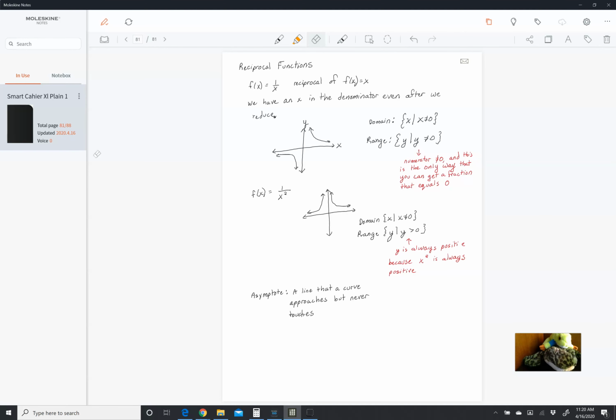And if we have an asymptote, if it's a vertical asymptote, it's not going to be in the domain. If it's a horizontal asymptote, it's not going to be in the range of the function. And we'll talk about that, we could write that in there actually here.